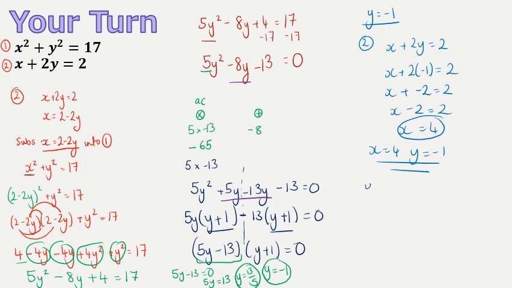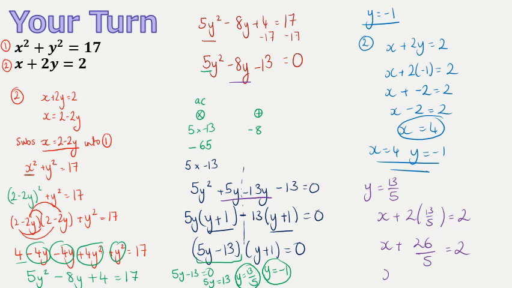The other y value we had is 13 over 5. So I'm going to have to do the same. x plus 2 lots of 13 over 5 needs to equal 2. Therefore x plus 26 over 5 equals 2.